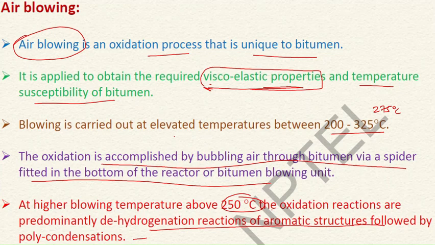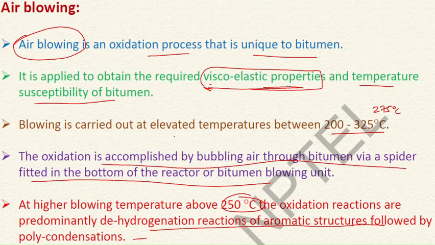If naphthenes or paraffins are present, dehydrogenation takes place to form condensed aromatic structures.